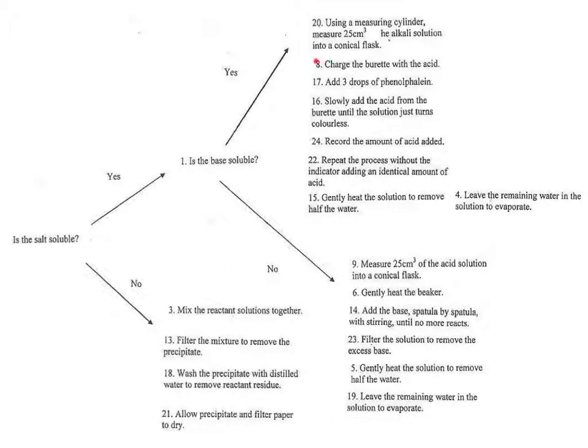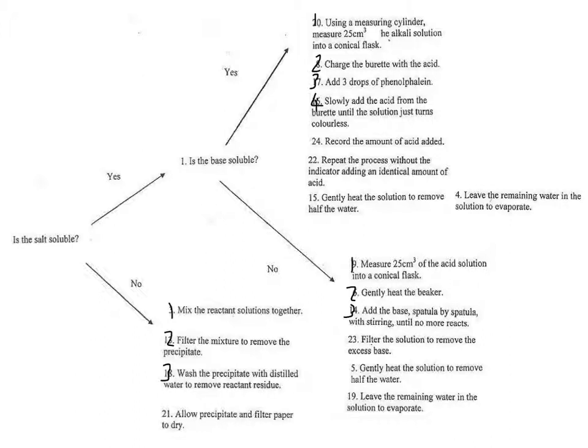So the numbers don't mean anything. It should be 1, 2, 3, 4, etc. for the orders of the method. 1, 2, 3, 1, 2, 3. I think you get the picture for a method.